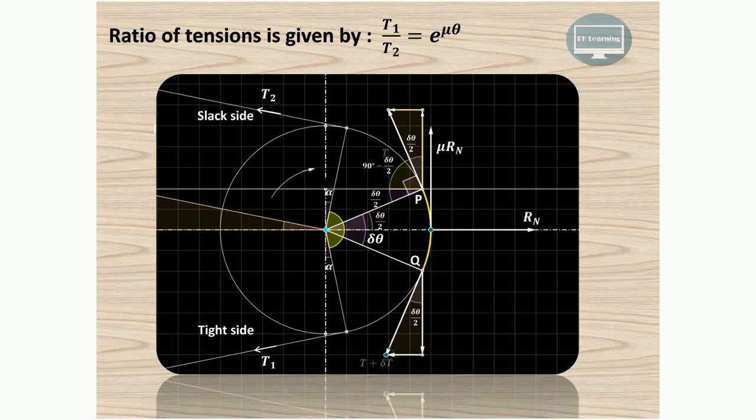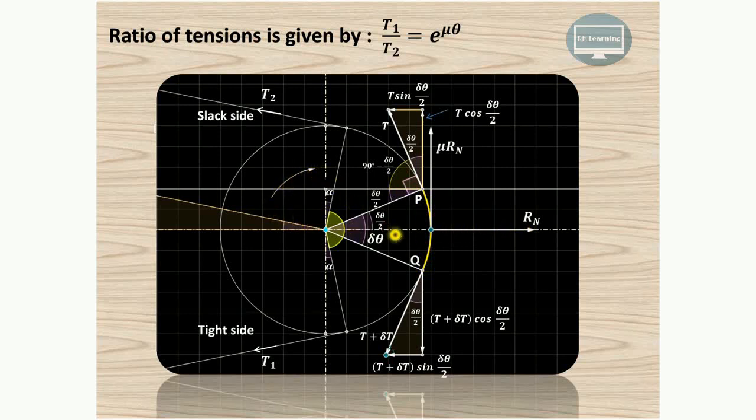Now let us see the various forces which are acting on this particular small element PQ. In this case, the normal reaction is considered, which is perpendicular to the surface. Even though it is a small arc, we are considering it as a vertical surface, and the normal reaction will be perpendicular to that particular surface.